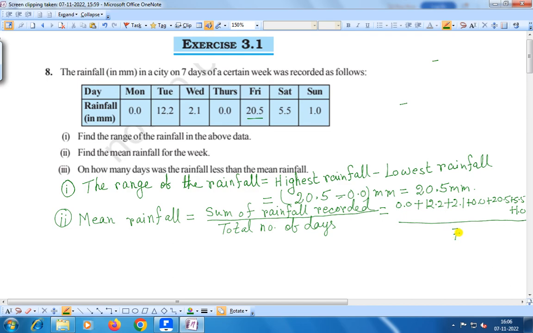If we add all the numbers, what are we getting? 5 plus 5, 10, plus 1, 11, 12, 13. Carry 1, here 3.